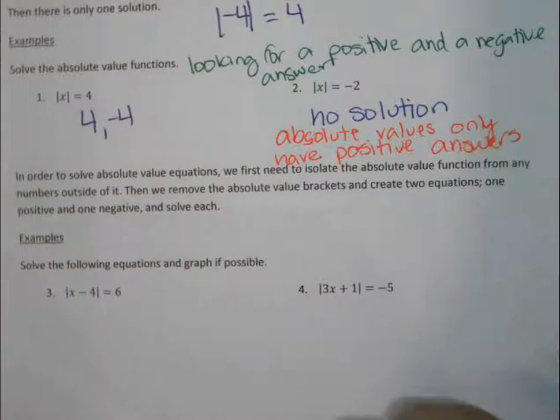Moving on. Now I have ones that are more than just the absolute value. So what I'm going to do is make 2 equations to solve, one positive and one negative.